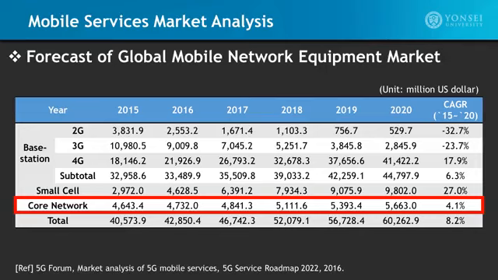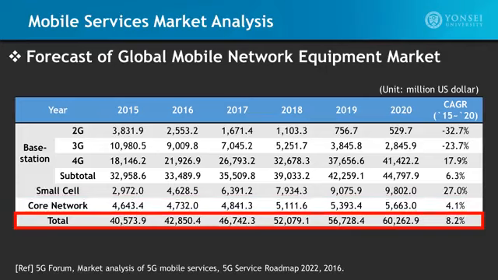So, as you can see here, there is a consistent growth rate. In addition, all of the small cells and all of the 4G and 5G future technology will need to be connected to a core network. So the core network growth rate is shown here, and it is definitely expected to grow. Then, combining everything together in a total results in an 8.2% CAGR.